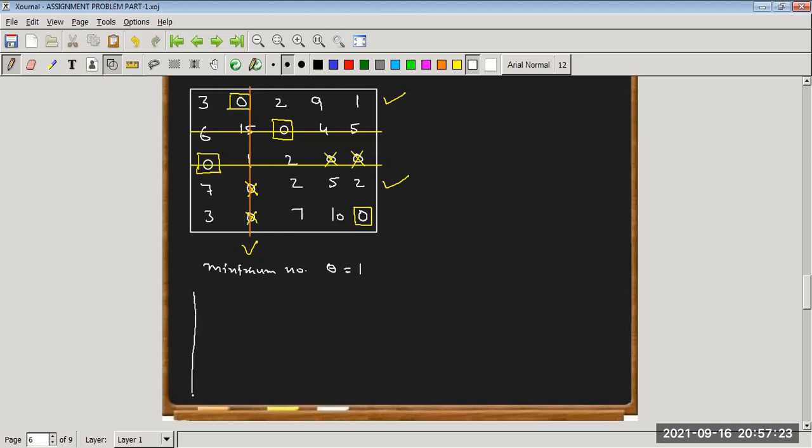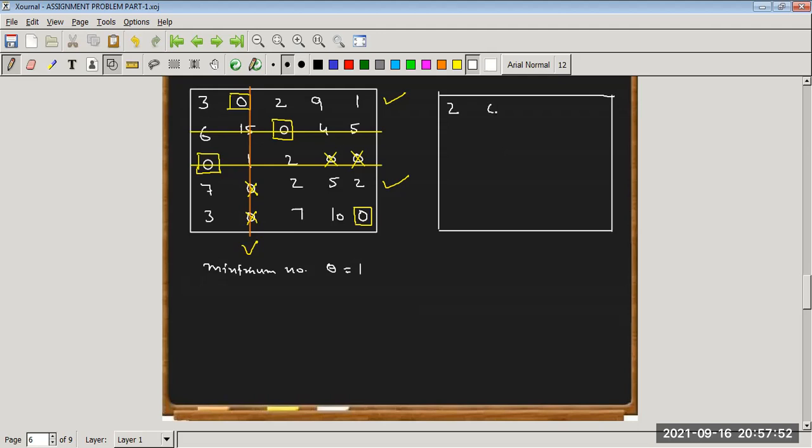So we modify the cost matrix. So now 3 minus 1, because no line is passing through 3, so it becomes 2.